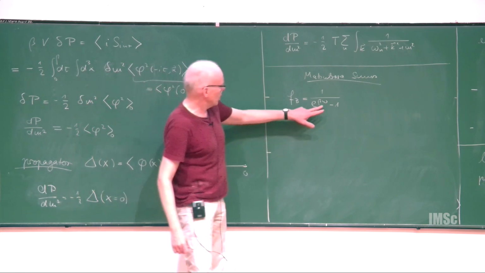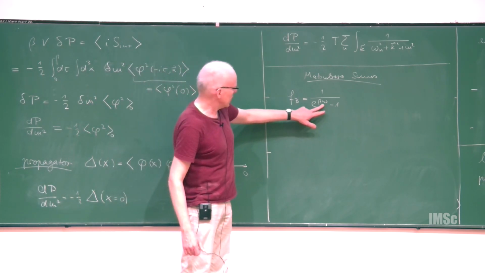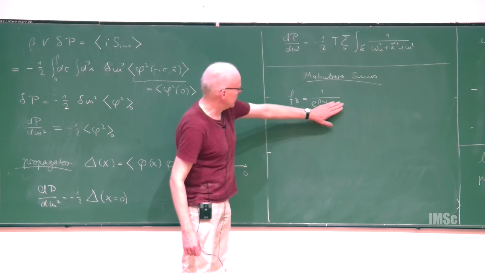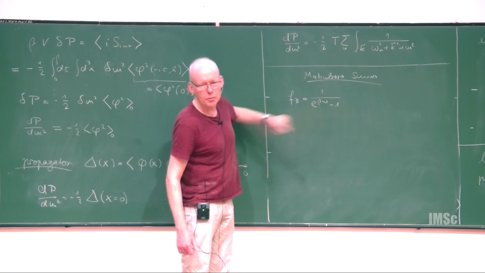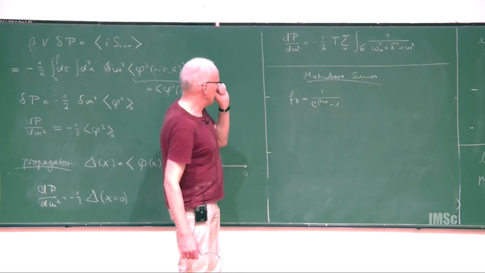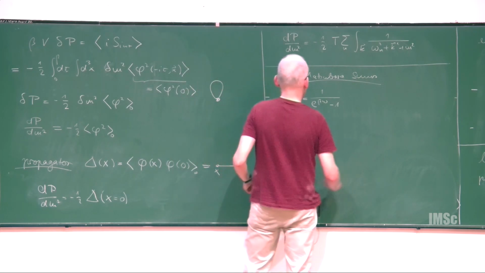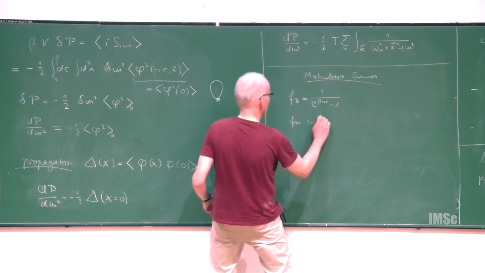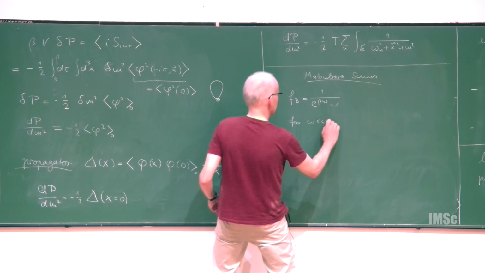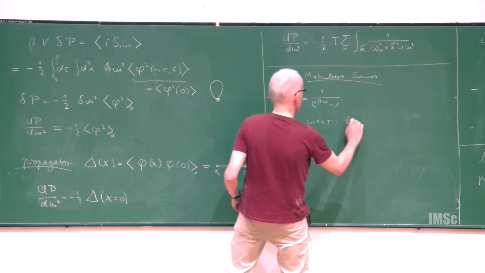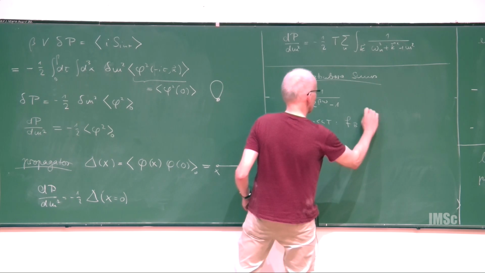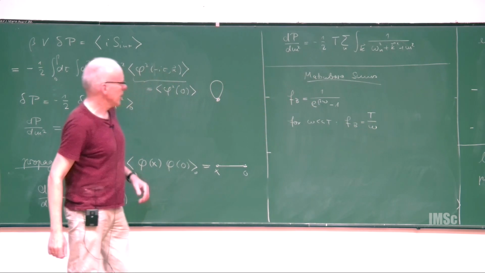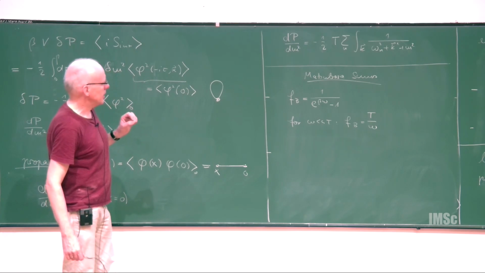For example, if you take omega to 0, then the exponential becomes 1 plus beta omega, the 1 goes away, and for omega less than T we have f Bose equal to T over omega, so it has a pole at 0. On top of that, it is periodic.